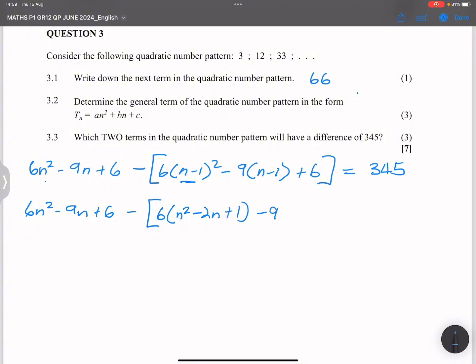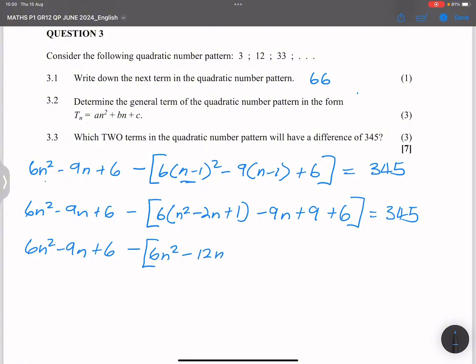That's minus 9n plus 9 plus 6. This is 345. All right, so this is 6n squared minus 9n plus 6. Okay, so we want to make sure that we multiply everything in there. That's 6n squared minus 12n, right, plus 6 minus 9n plus 9 plus 6, which is 345.